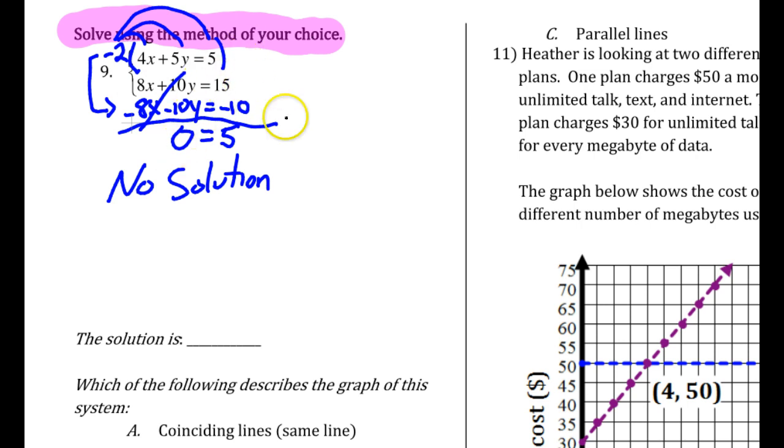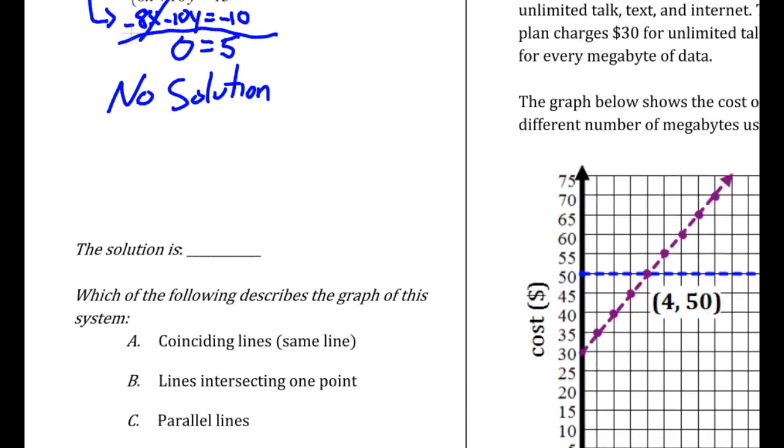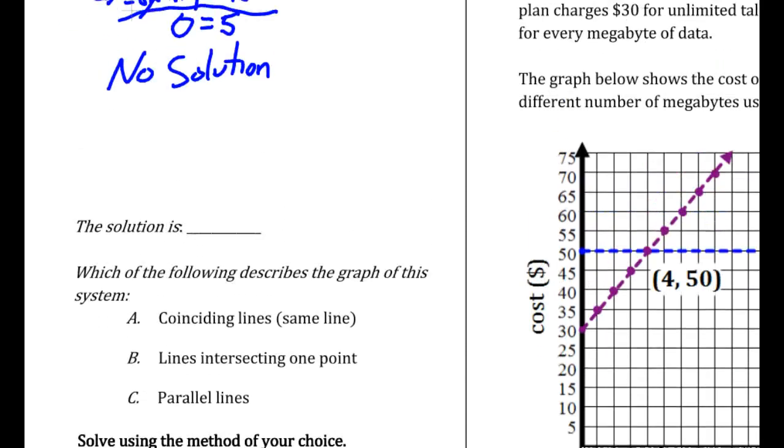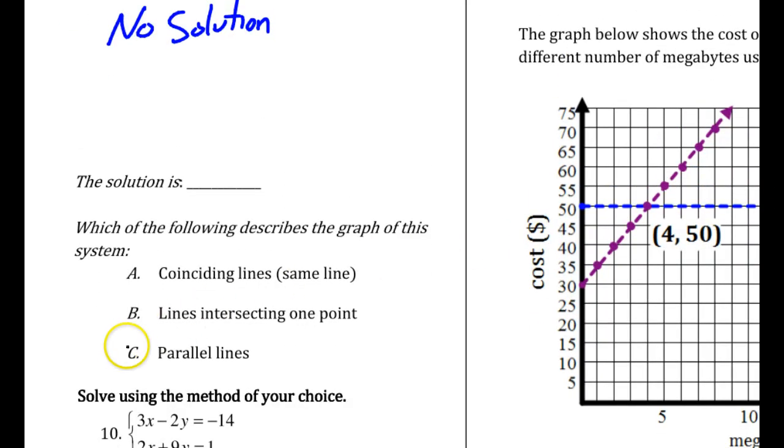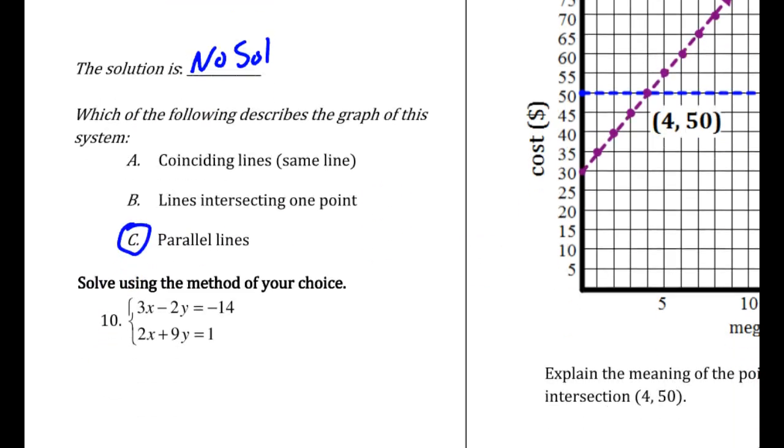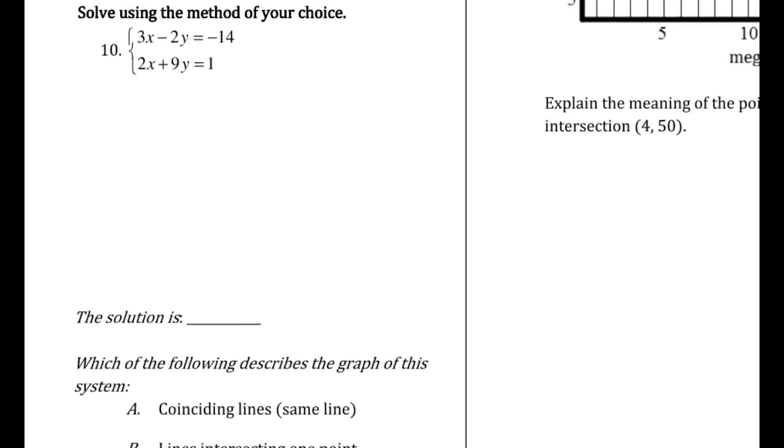So they do have the same slope, so that confirms they're parallel lines. So no solution. And with no solution, there is no check. So you just write no solution, and that means they're parallel lines. Okay, and once again, any method you like.